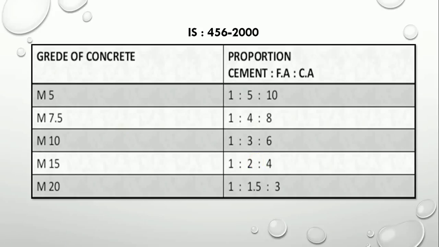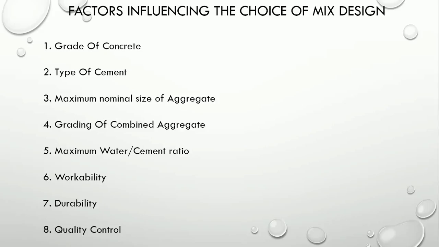Now moving further, factors influencing the choice of mix design. So first factor is grade of concrete. The grade of concrete also affects our mix design, that is what grade of concrete we want to produce. Next is type of cement, which type of cement we are going to use or we have to use.